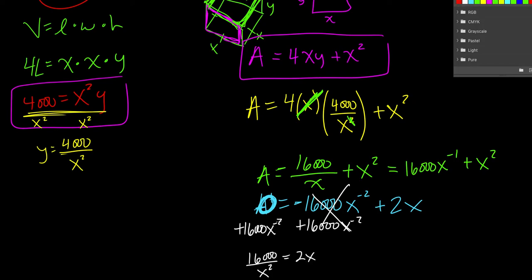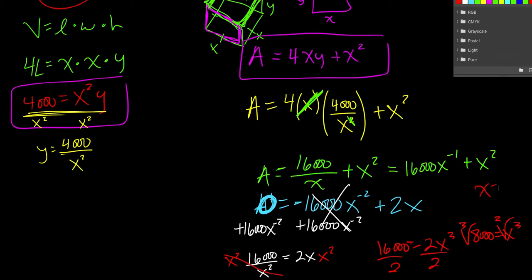Okay, because x to the negative 2 is just x squared on the bottom. Multiply both sides by x squared. Those cancel, and so we get 16,000 is equal to 2x cubed. Divide by 2, we get 8,000 is equal to x cubed. And then if we cube root both sides, we end up with x is equal to 20.